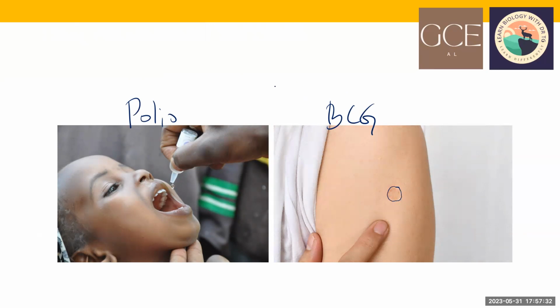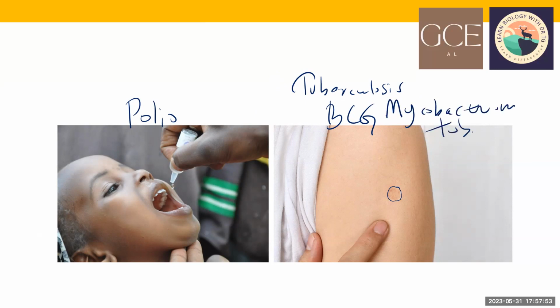BCG is given against the bacteria Mycobacterium tuberculosis. It's a vaccine against tuberculosis. This is given in the first week. Even a baby leaving the hospital usually gets the BCG vaccine.